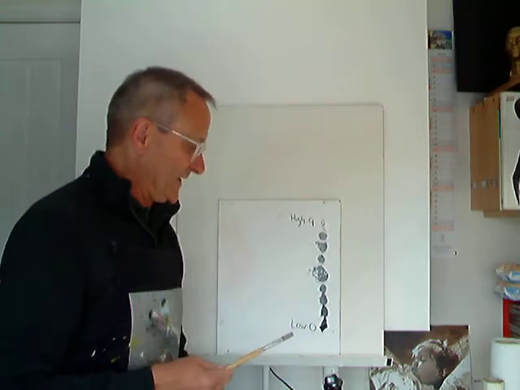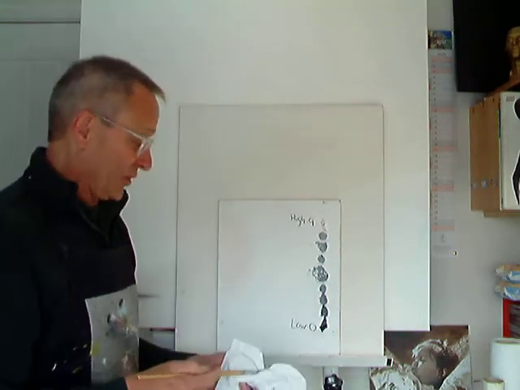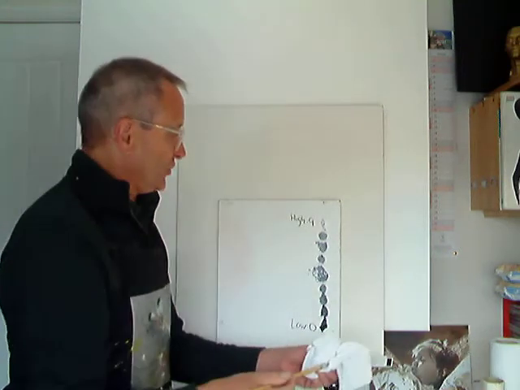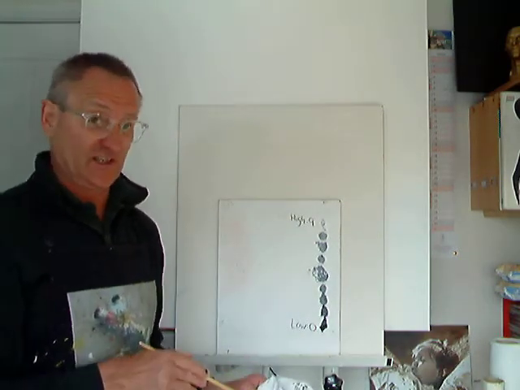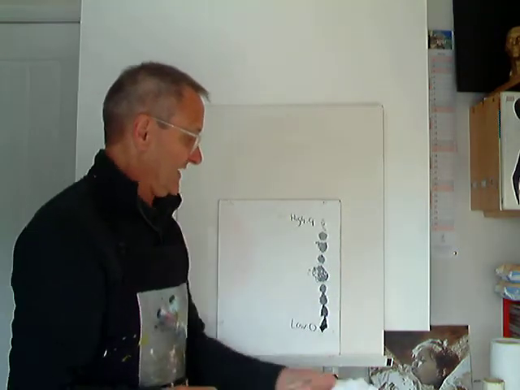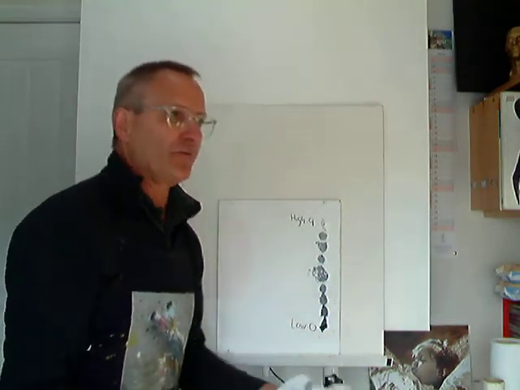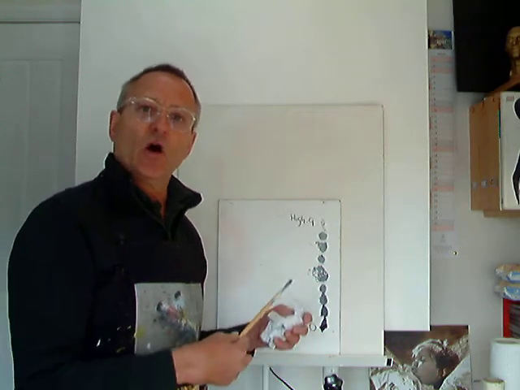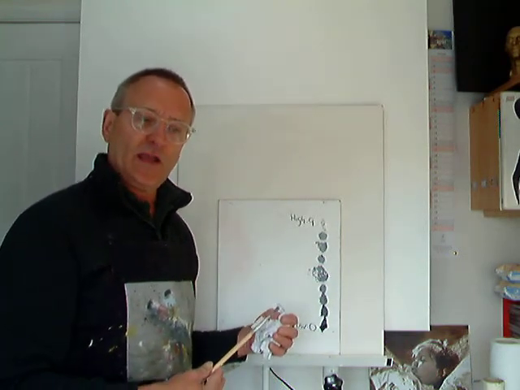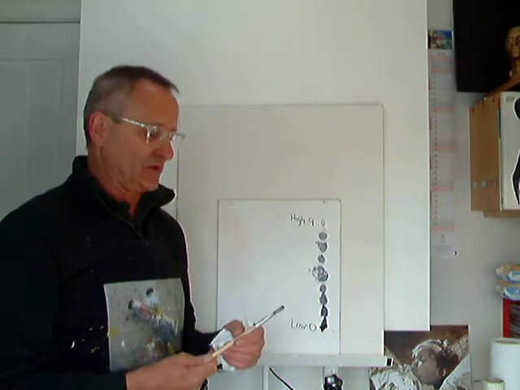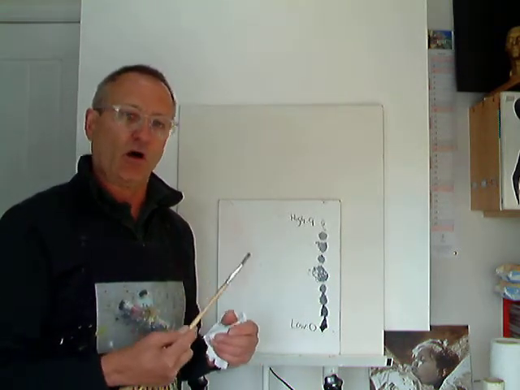So another way we could actually create a value scale. If I was going to work on creating a value scale with my bristle brush, I have the option of working darks to light or lights to dark. Now I would tend to work lights to dark because I don't like cleaning my brush that often.